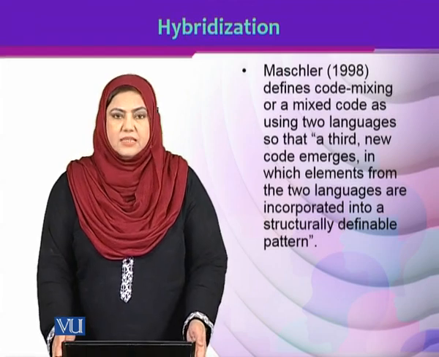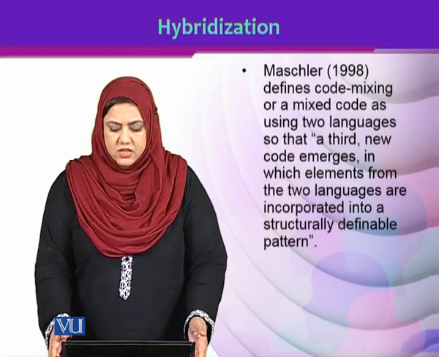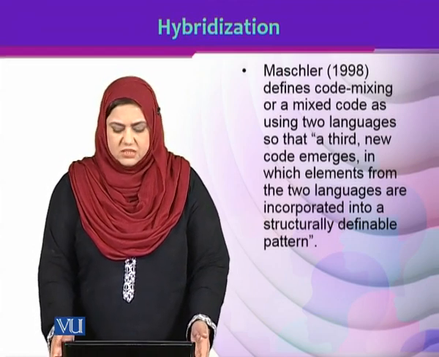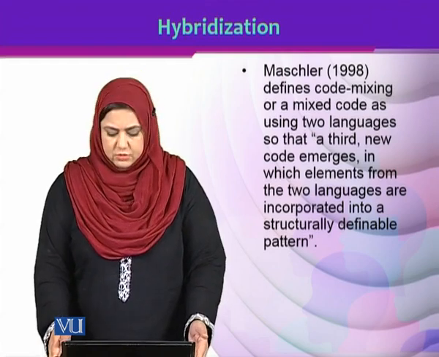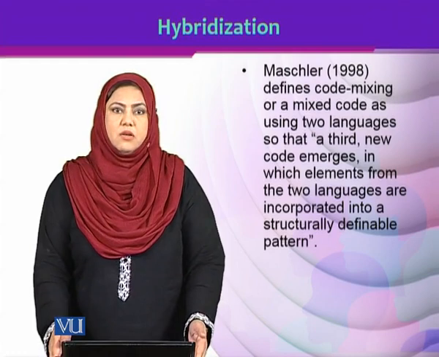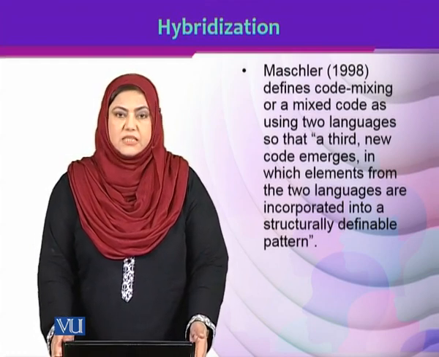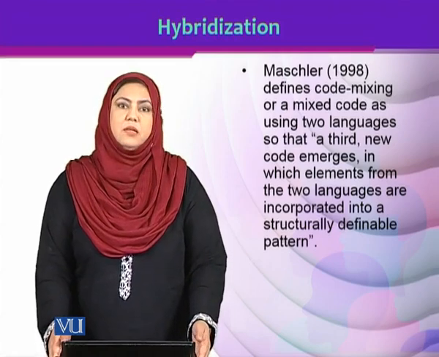Maschler 1998 defines code mixing or a mixed code as using two languages such that a third new code emerges out of that. This third new code is what is called a hybridized code, in which elements from the two languages are incorporated into a structurally definable pattern.